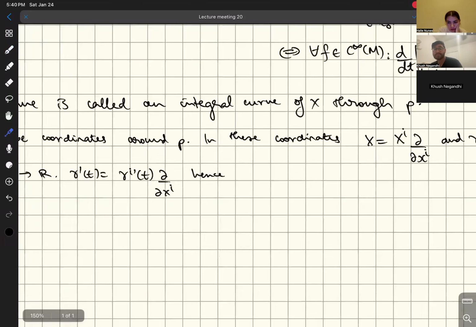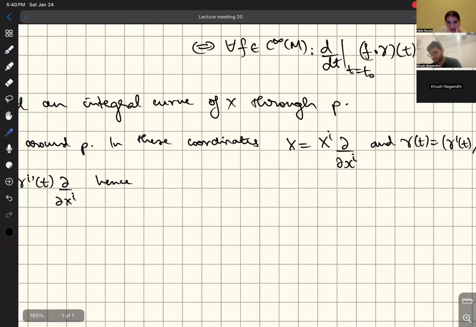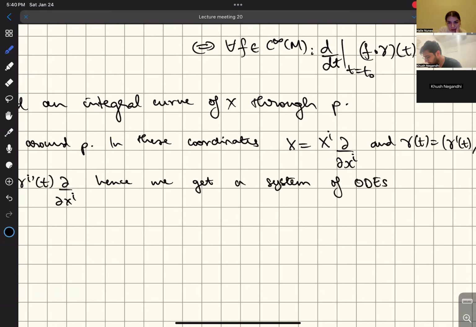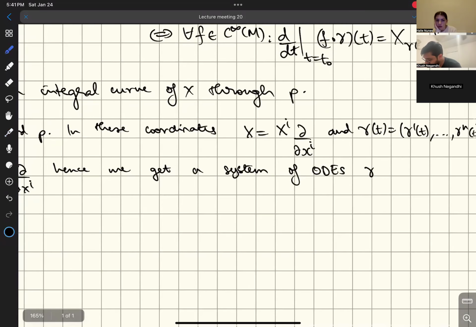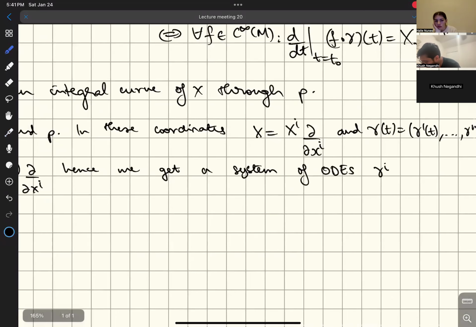So we get a system of ODEs, given by gamma^i prime of t equals X^i at gamma of t.